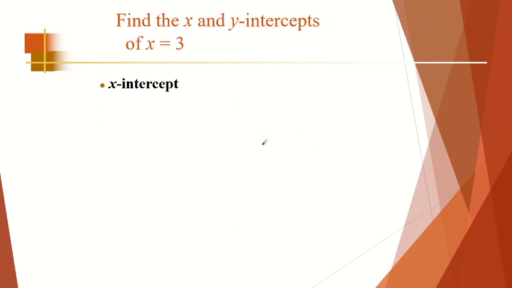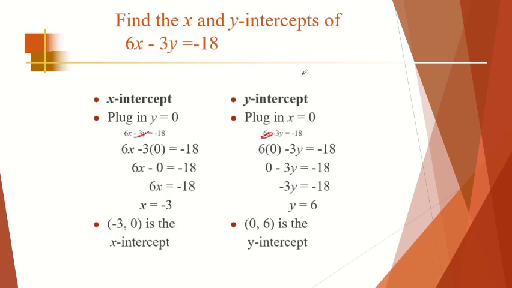I hope you already know how to graph all of this. In a linear equation, for example, here we have the Cartesian plane. Let's start with your x: negative 1, negative 2, negative 3. Let's say this is 3 and this is negative 3. Next, your y is 6: 1, 2, 3, 4, 5, 6. This is just a recap.